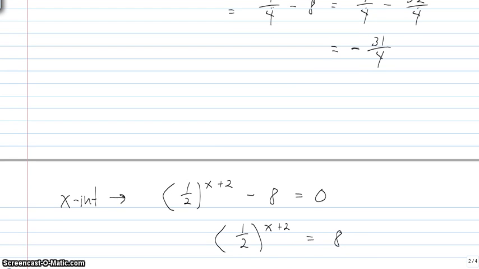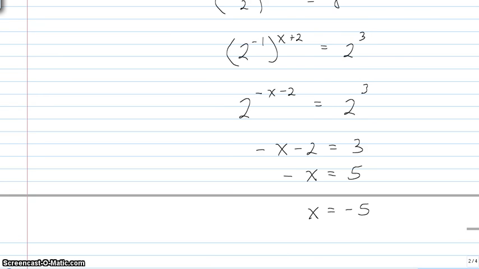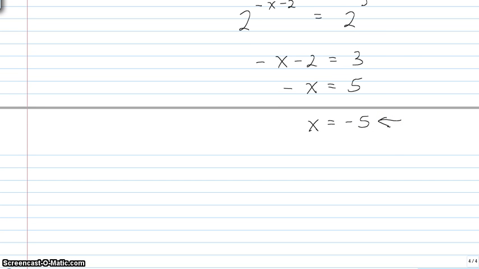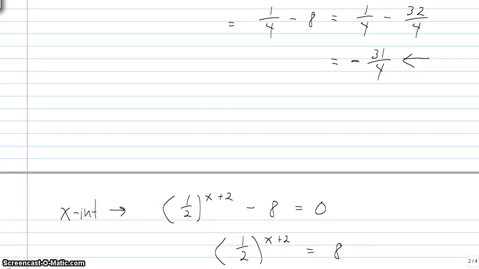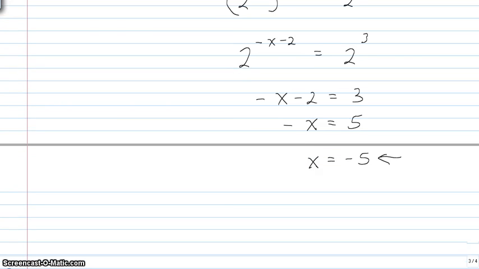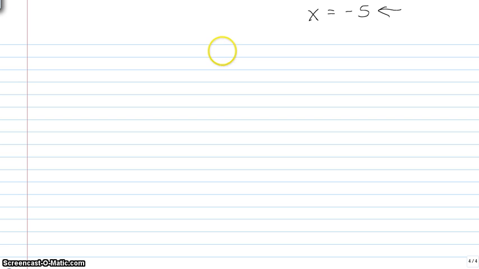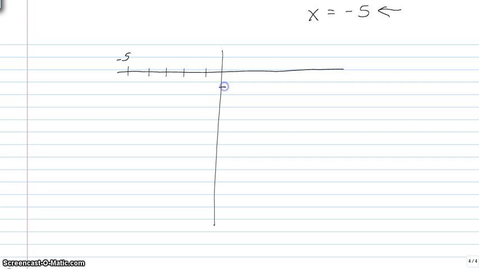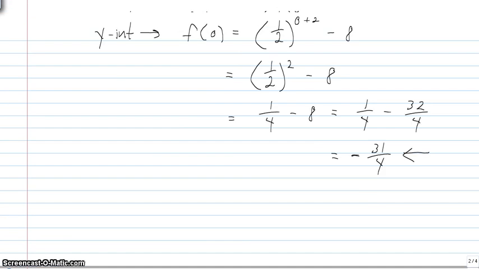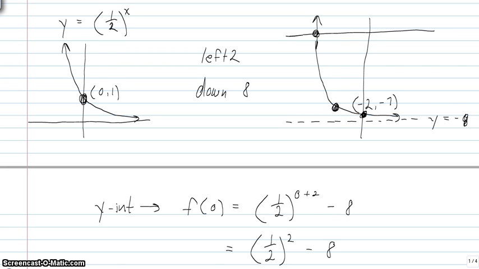So now that I've got a more specific y-intercept and x-intercept, I can go plot those and get a little bit more accurate with my graph. So let's see, when I did my rough sketch, this point, well, I didn't label this point, did I?